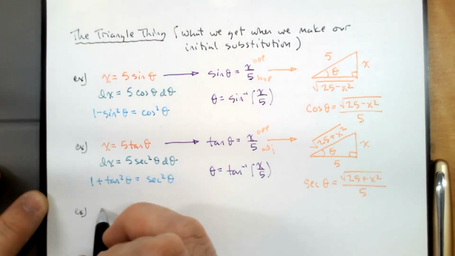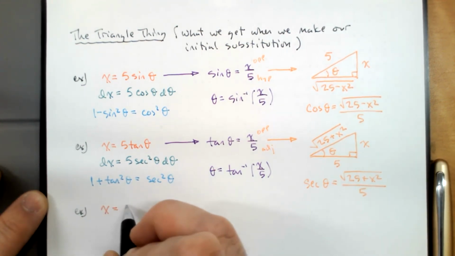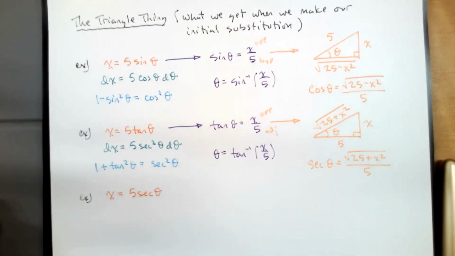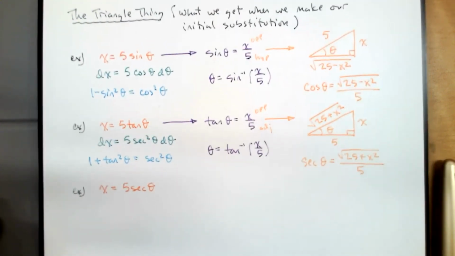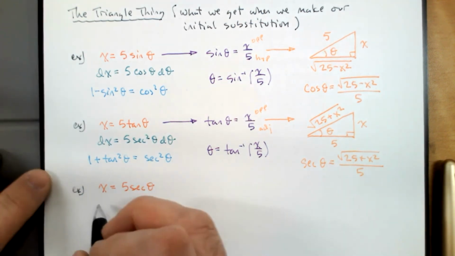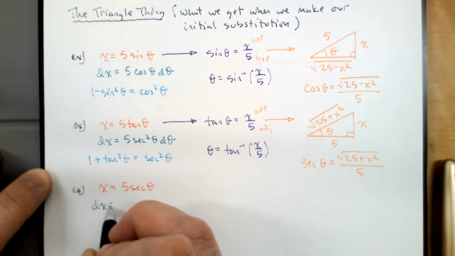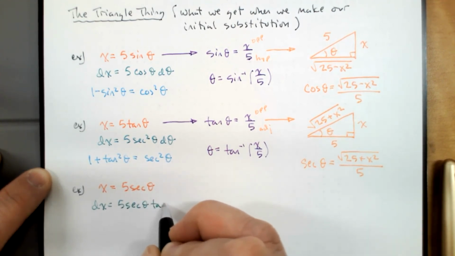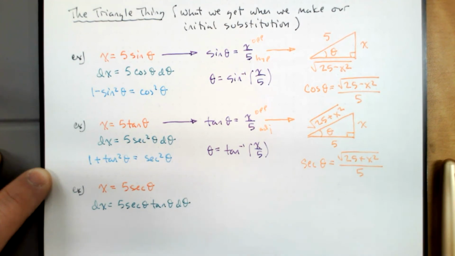If, for example, we're in the secant case, because we're looking at x squared minus a squared. In this case, it would be x squared minus 25. That would tell us our substitution should be 5 secant theta. That tells us our dx should be 5 secant tangent d theta.